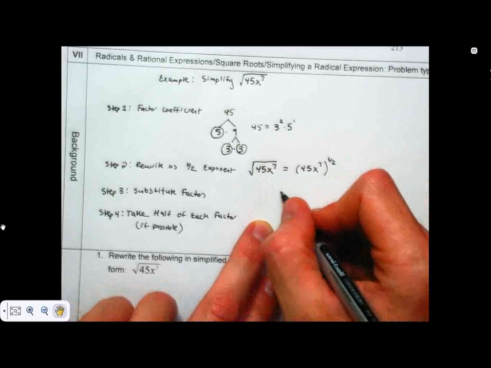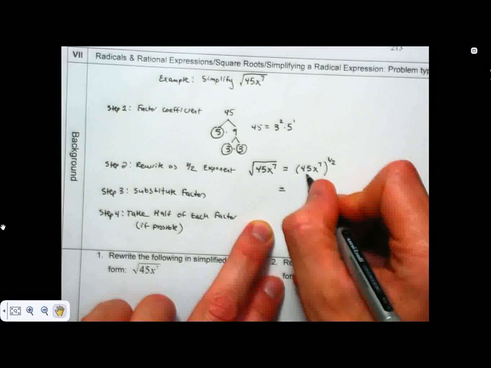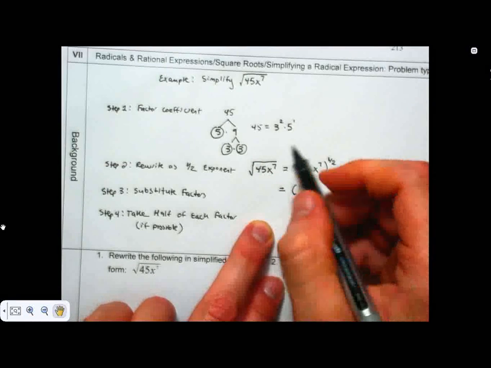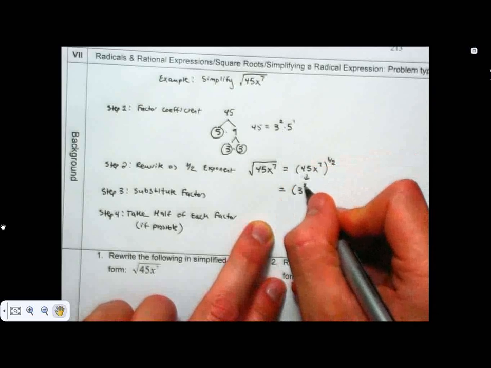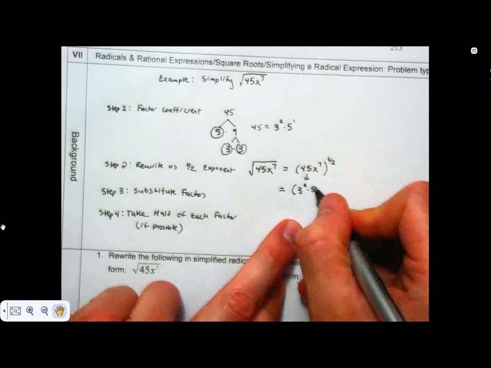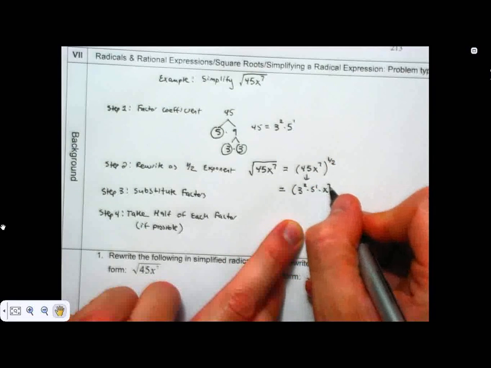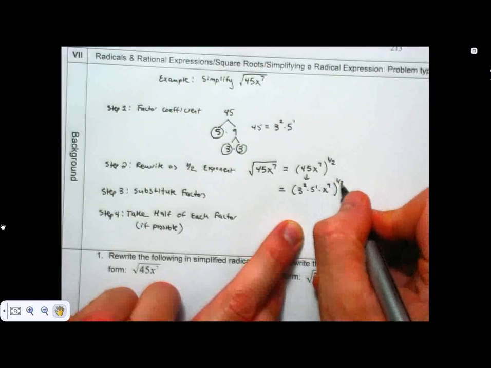So the third step in the process is to sub in our factors that we just found from step 1. So 45 is equal to 3 squared times 5 to the first times x to the 7th to the 1/2 power.